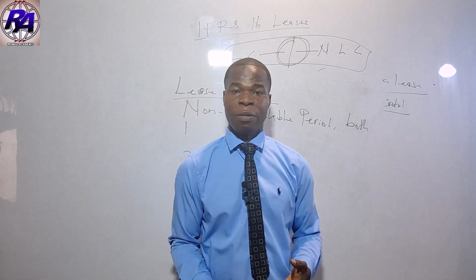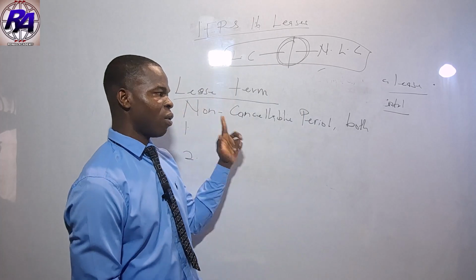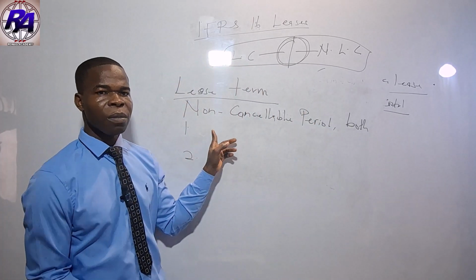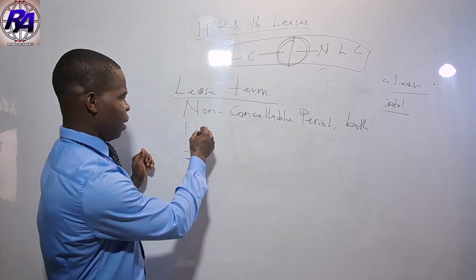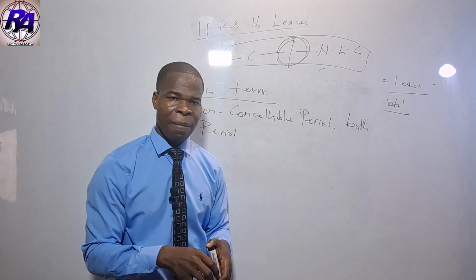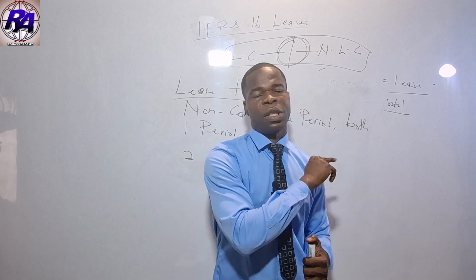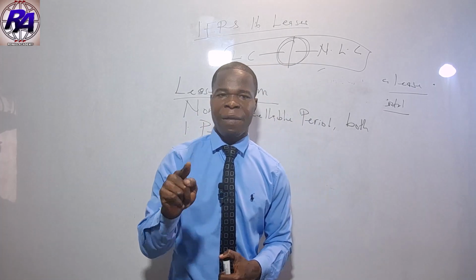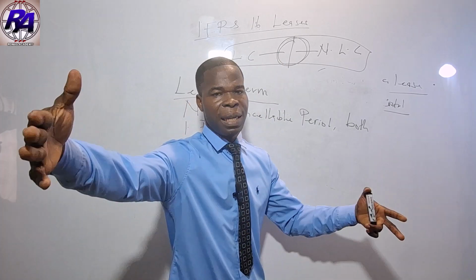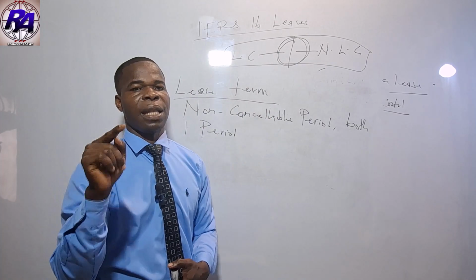But the standard will not give it to you plainly like that. We are saying that it is the non-cancelable period, including both a period covered by an option to extend the lease if the lessee is reasonably certain to exercise that option.